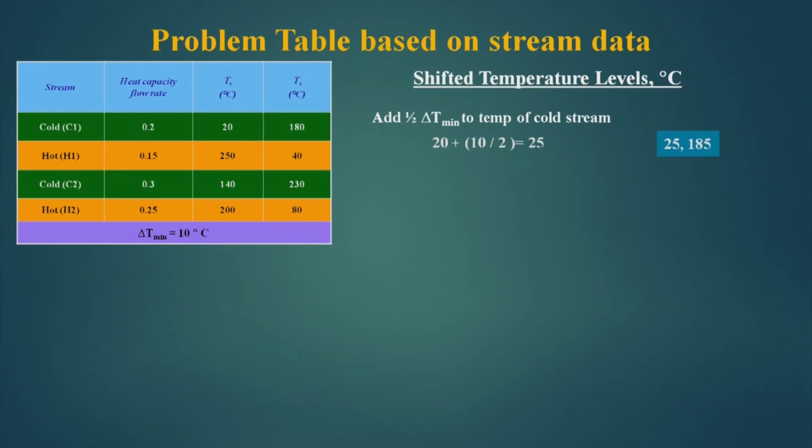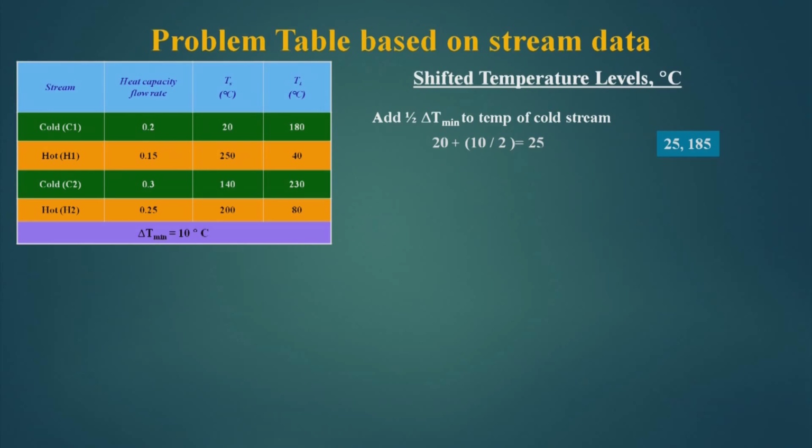For this purpose, we will add delta T minimum divided by 2 to the temperatures of cold streams, and we will deduct delta T minimum by 2 from the temperatures of hot streams. This is as if we are shifting the hot streams in the downward direction and raising the cold streams in the upward direction by an amount delta T minimum by 2, which we have already demonstrated in the earlier plot.